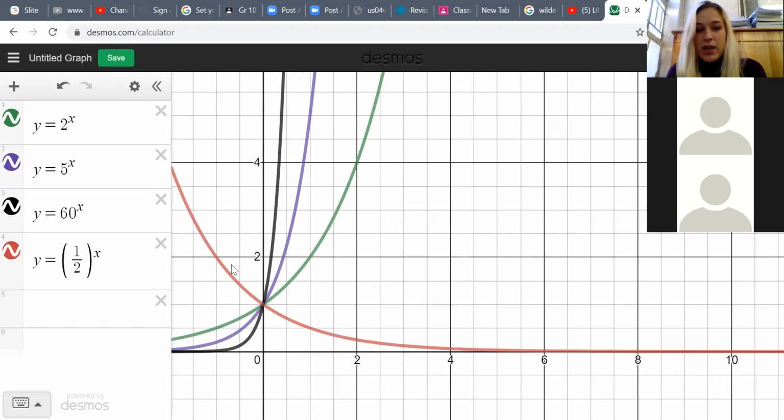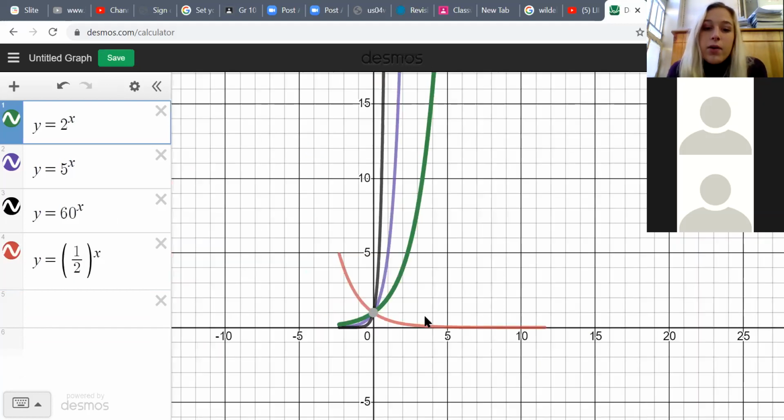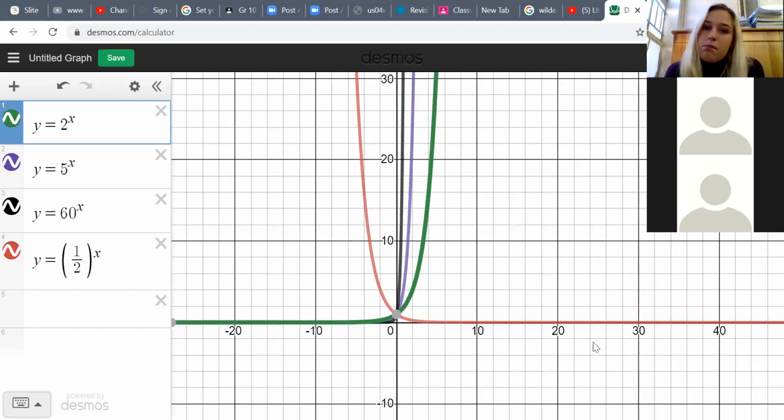It is just the inverted one, so it goes the other way, and it still goes through 0, 1. So nothing changes the point that it goes through. It always goes through 0, 1. And as you can see, they never go past my y equals 0 horizontal asymptote.